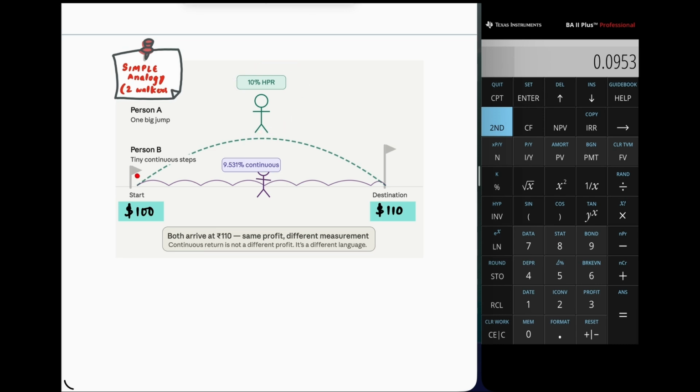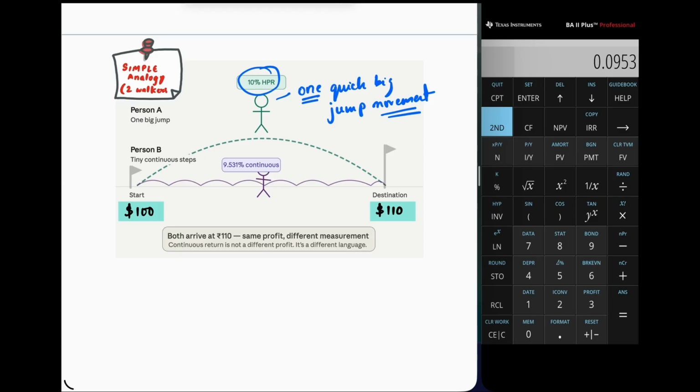Starting from here to reach this point, instead of walking, he does one quick, big jump movement, and the speed of that one movement is 10%.